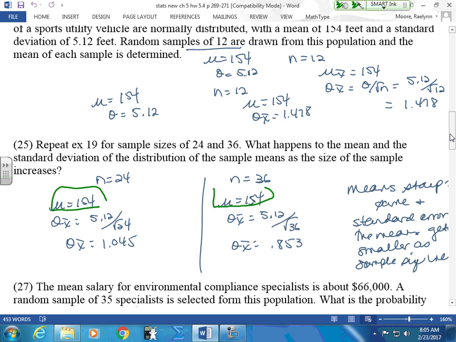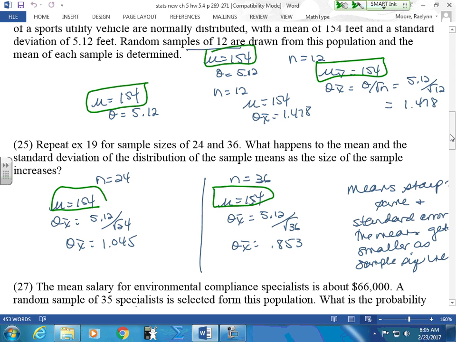The mean stays the same throughout everything. Here's my sample. My mean is the same. My standard deviation is going to change based on n. So the first problem, I take that and I divide it by the square root of 12. My standard deviation has shrunk.